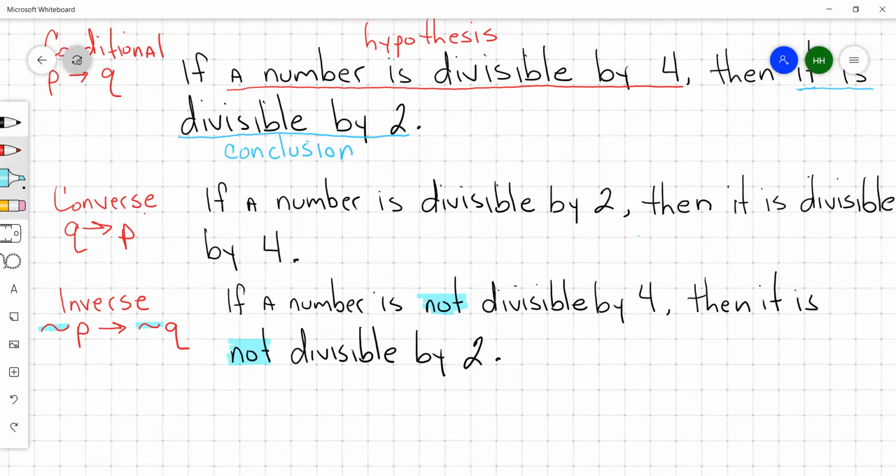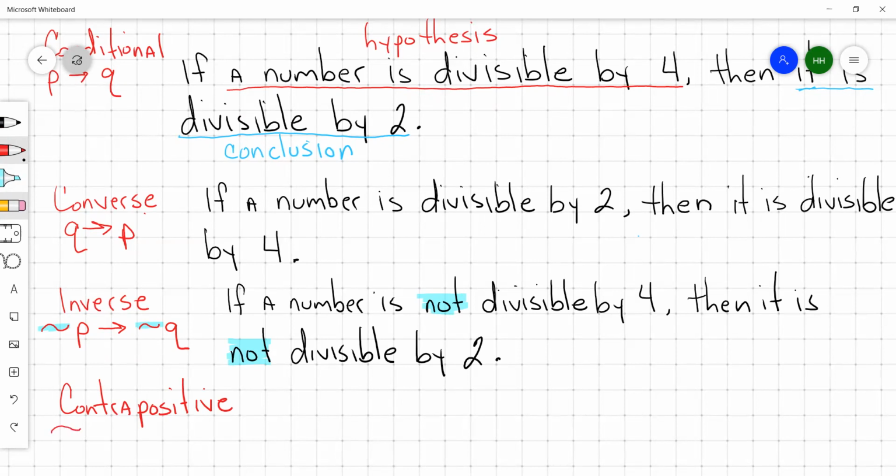The last statement that you're going to write is called a contrapositive. And that is when you take the converse statement and you negate it.